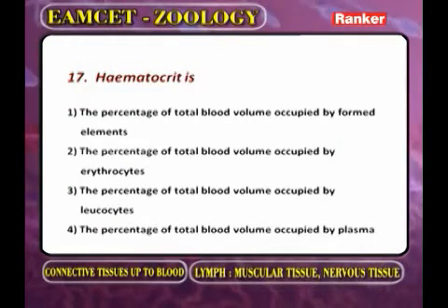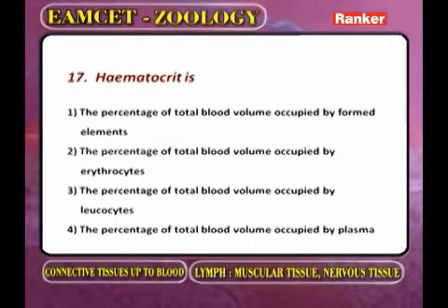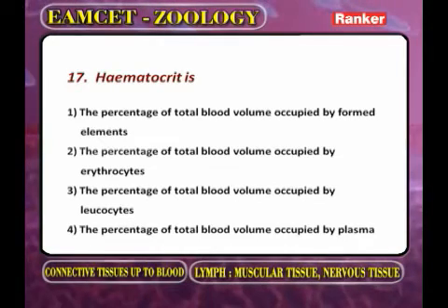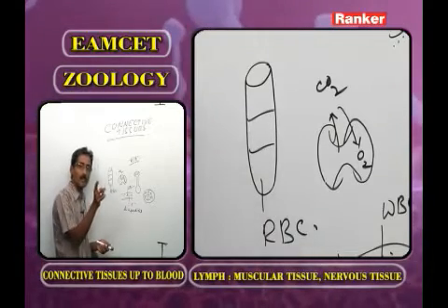Hematocrit is, what is the first one? The percentage of total blood occupied by formed elements. And now the percentage of blood volume occupied by erythrocytes, the percentage of total blood volume occupied by leukocytes, and the percentage of total blood volume occupied by plasma. Always in the bottom, what is present? RBC.